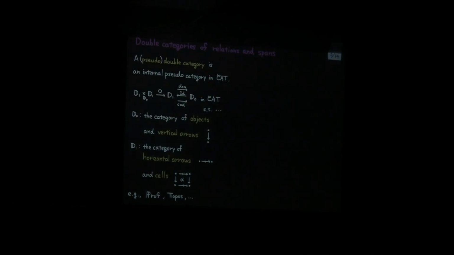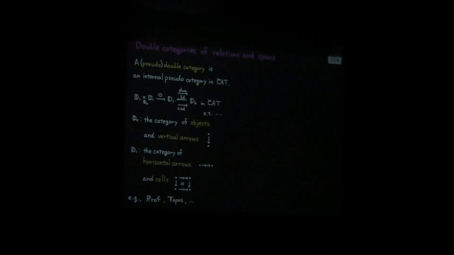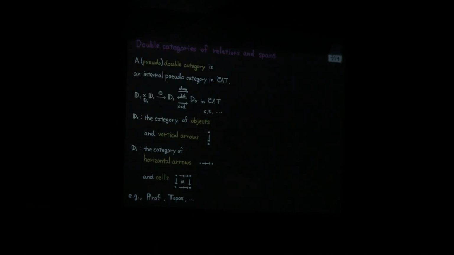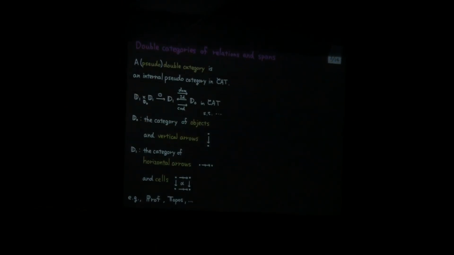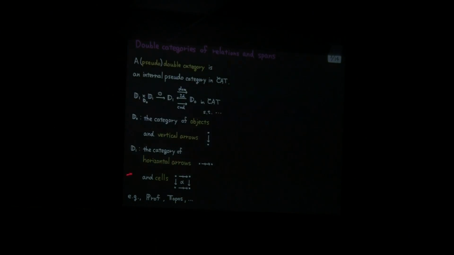First, let me define double categories. A double category is a category internal to the 2-category of categories, and its data is given like this. We take the category D0 as the category of objects and vertical arrows, while we take D1 as the category of horizontal arrows and cells between them.